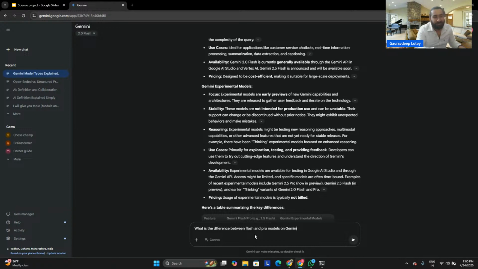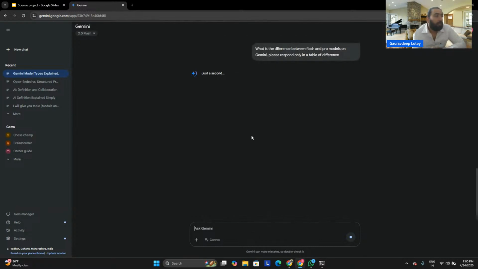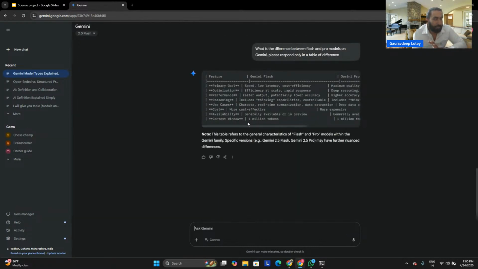Now I'll express it: please respond only in a table of difference. Now if I run it, you will realize that my model's output will drastically change.